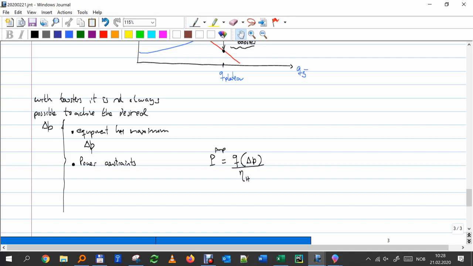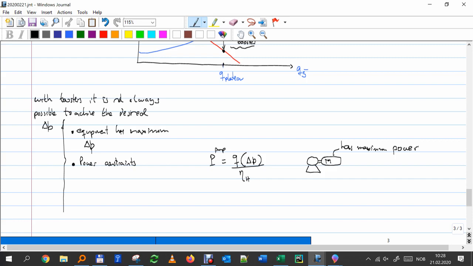That means that if my delta P is too high or my rate is too high, I'm going to have a big power of the pump. And this pump is attached to a motor. If I have this pump, which I make with a symbol like that, typically it's attached to a motor. And this motor has a maximum power. And in the oil industry, I can't simply put any motor that I want.